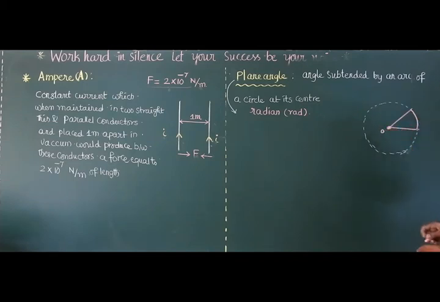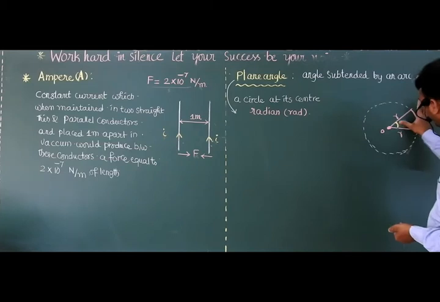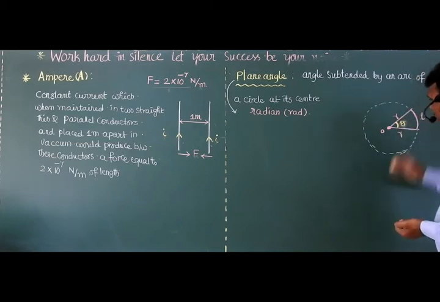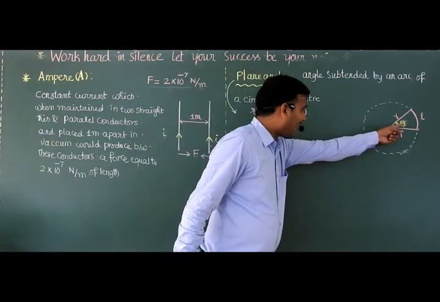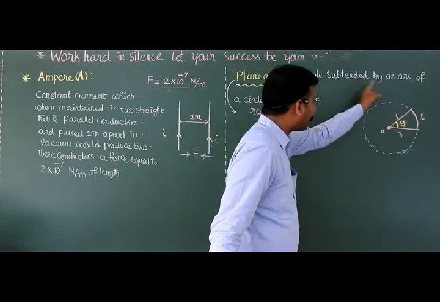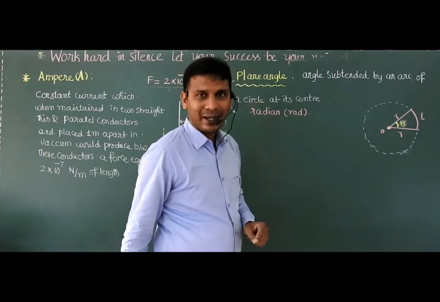Then the radius of the circle is r. This is nothing but L. This angle, we don't know d theta now, leave it. Take it as theta. Theta is known as the plane angle. So it is the angle subtended by length of an arc at its center.